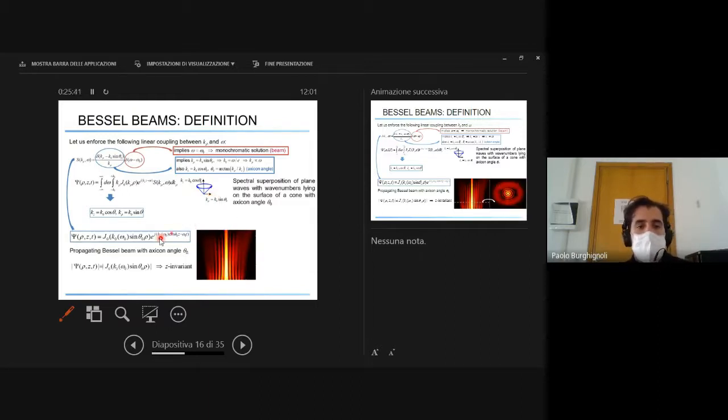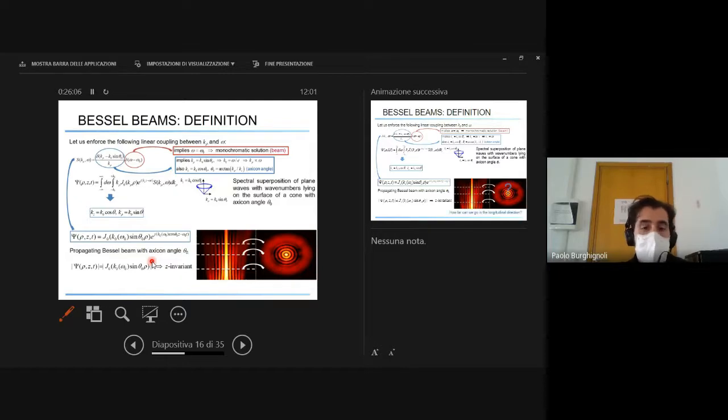And the interesting property of this solution is that if you take the modulus of this expression, you can simply see that this solution is invariant with respect to the z-axis. There is no longer dependence on z. And this is a way to understand the non-diffractive nature of this beam.